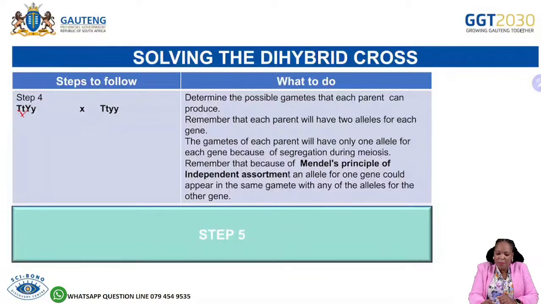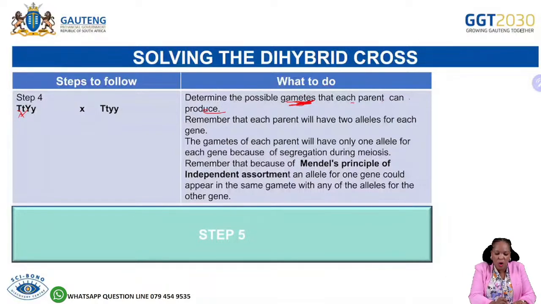You must determine the possible gametes that each parent can produce. Remember, possible gametes come from the independent random arrangement of chromosomes. So they are now falling into each gamete here, so you cannot have the same. What are the possibilities of these alleles falling into each gamete?